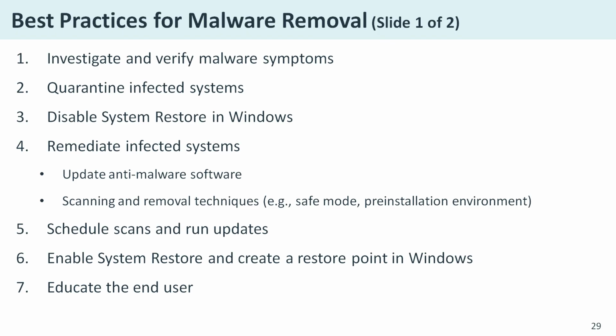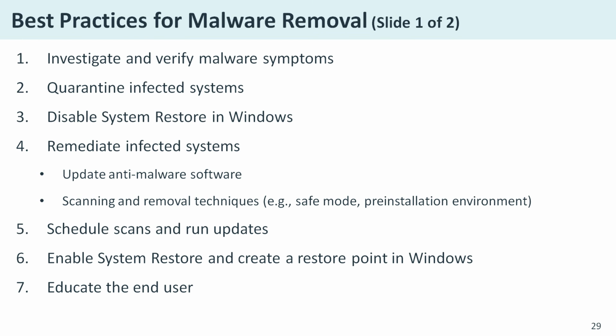System restore returns the system to an earlier date where it was working very well. So now you have been told to disable it. When you want to remove a malware, why do they say disable it?